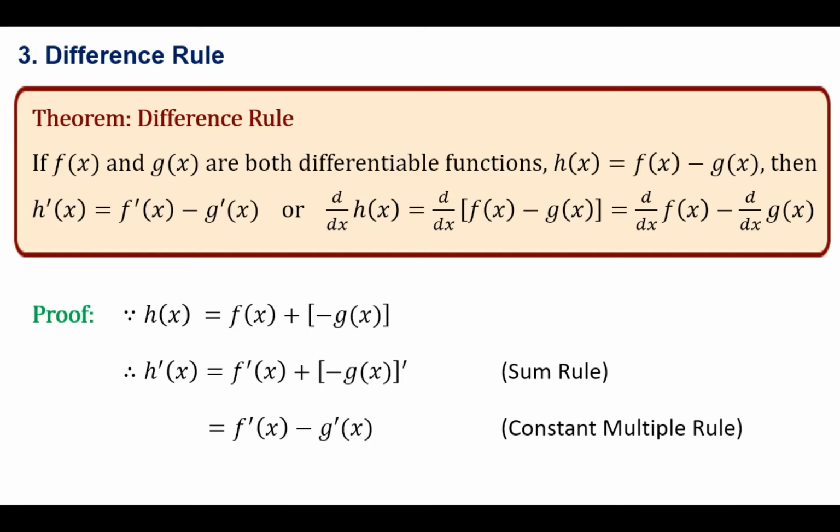The latter part, the derivative of negative g(x), according to the constant multiple rule, is actually negative 1 times the derivative of g(x). Therefore, we have proved the derivative of h(x) equals the derivative of f(x) minus the derivative of g(x), which is the difference rule. Okay, now let's have a look at an example.